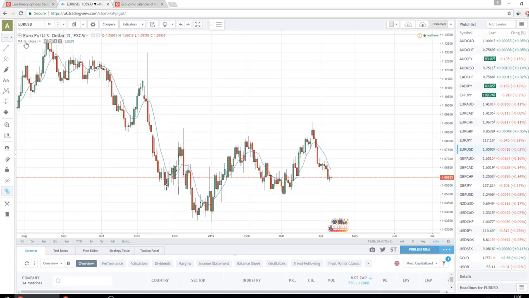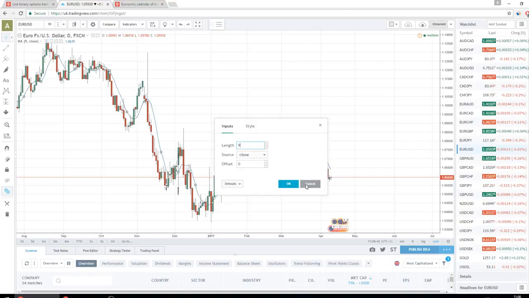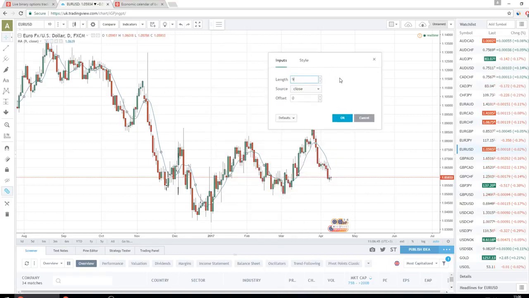Here you see we can change the settings of the moving average. What does it mean? It means how many candles will be included in the analysis. Right now we see that nine candles are included.